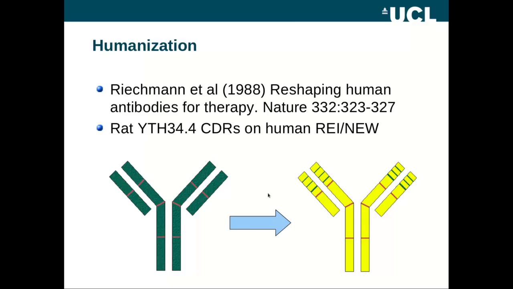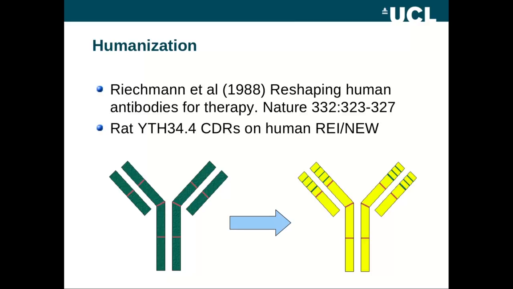However, they found that when they did this, they didn't get such good binding to the antigen. Now, Reichmann was working in Greg Winter's group, and as some of you may know, Greg Winter actually won a Nobel Prize in 2018 for some of his work related to antibodies.